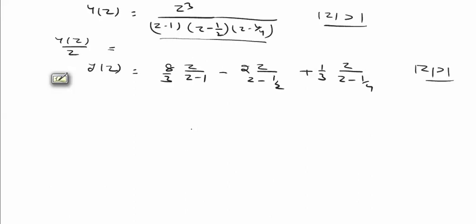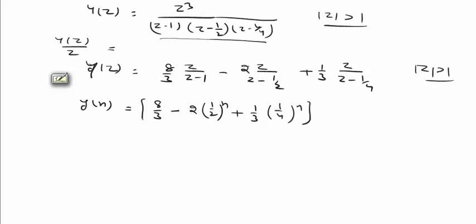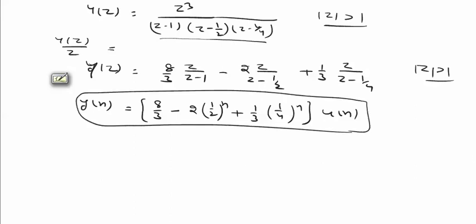Then we directly write the expression: y[n] equals 8/3 minus 2 (1/2)^n plus 1/3 (1/4)^n, times u[n]. This is the direct expression for the step response. When a step is applied, the output is in terms of a discrete sequence.